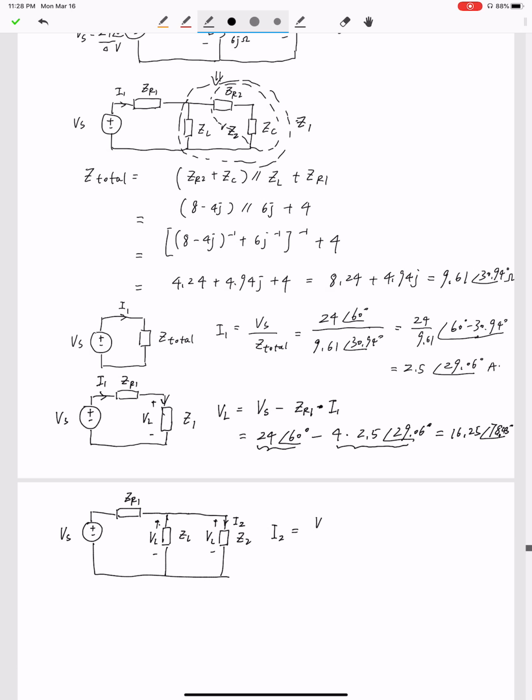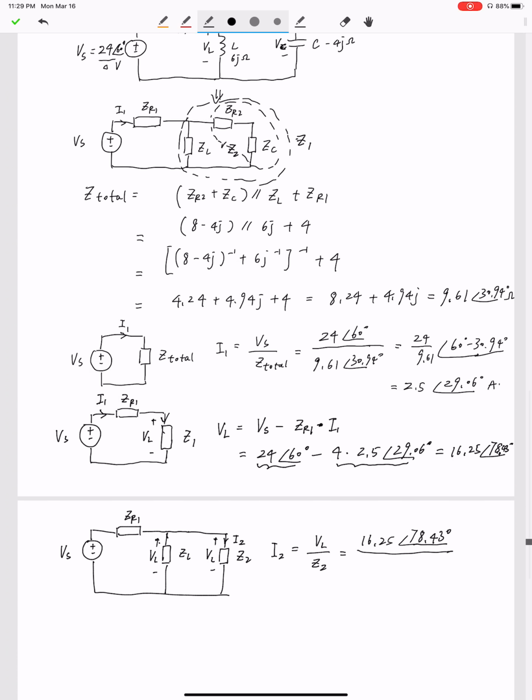So I2 is VL divided by Z2, which is 16.25∠78.43 degrees divided by Z2.